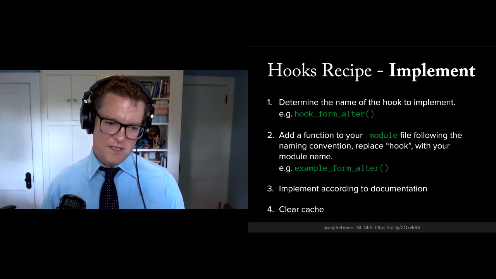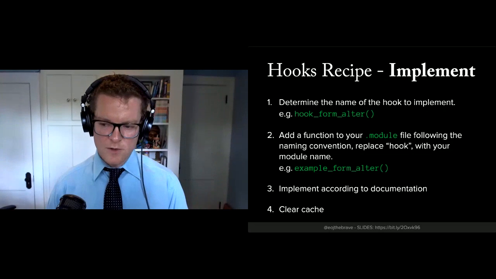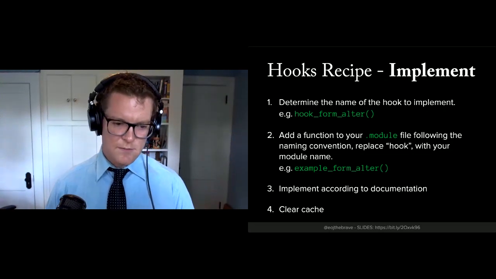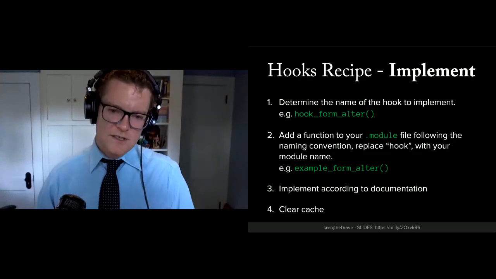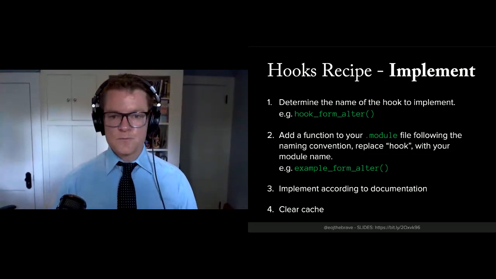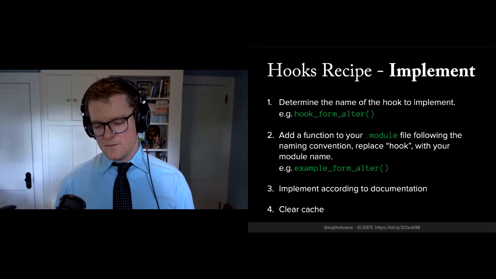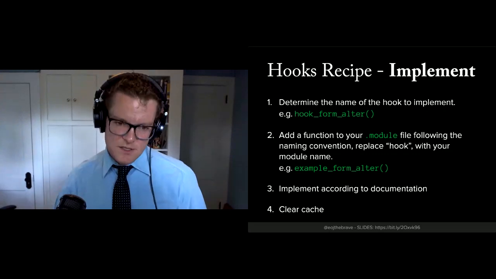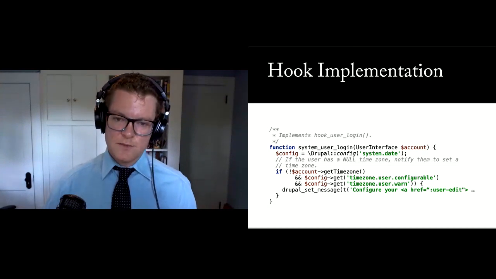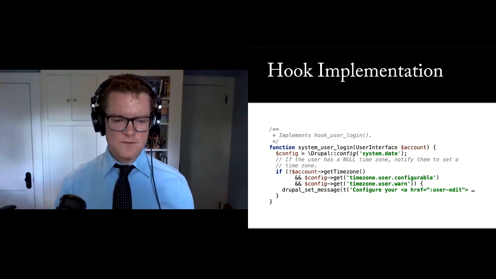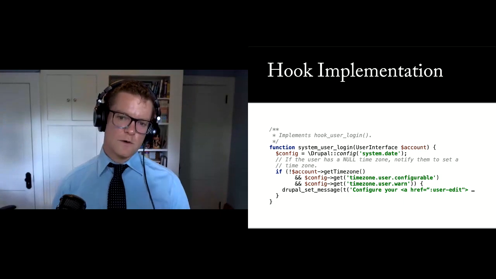So if my module is named example and I want to implement hook form alter, I'd create a function named example underscore form alter, and then I would implement that function according to whatever the documentation told me I should do. Finally, if you've just defined it, you want to make sure that you clear the cache because Drupal 8 and above keeps a list of all hook implementations cached. It's kind of like a registry of the system for performance reasons.